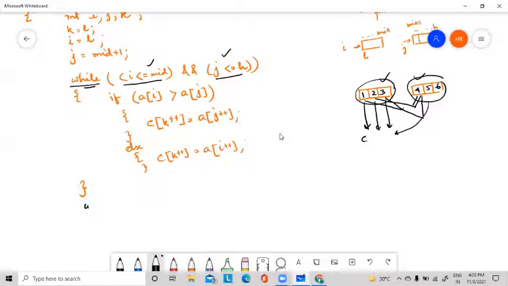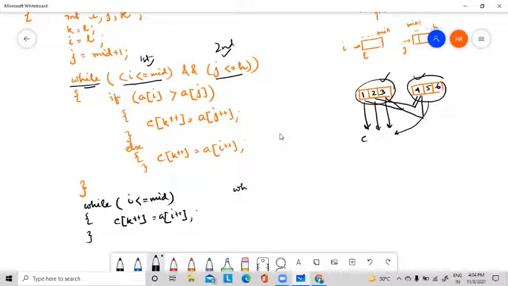So what will I do? I will write it like this. If anything is left in the first subarray, those things will be copied into C. Same thing may happen in case of the second subarray.